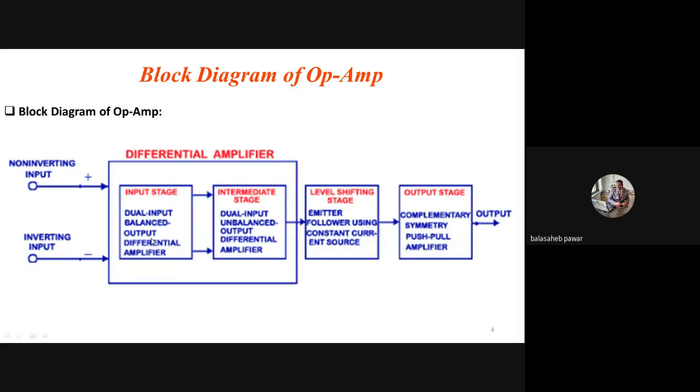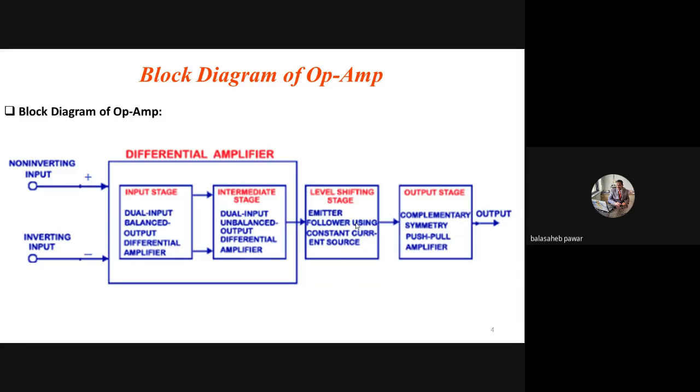The second stage, again, is a dual input and unbalanced output differential amplifier. Okay, when I show you the basic circuit diagrams for these differential amplifiers, then you will get it clear. Then the third stage is known as the level shifter or level shifting stage. Why it is preferred, I will also mention in the next slide.